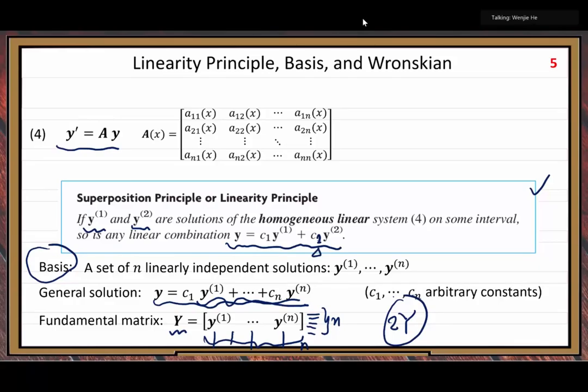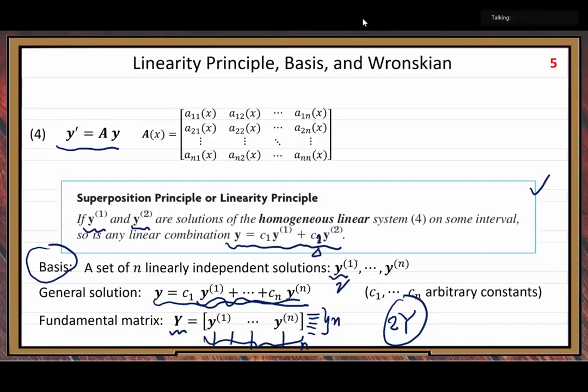You double each vector, still a fundamental matrix, right? Because if y sup 1 is a solution, if you double it, 2y is another solution. When you double all these vectors, they are still linearly independent.